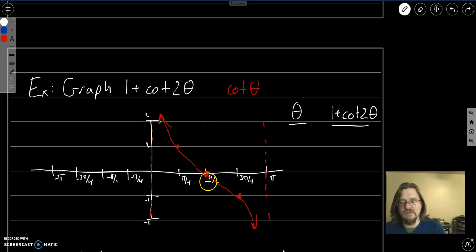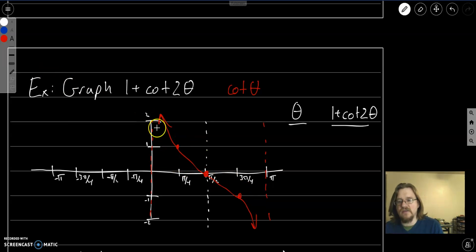So again, if I plug pi halves into 1 plus cotangent 2 theta, I'm taking cotangent of 2 times pi halves. Well, that's just cotangent of pi, which is undefined there. So I have an asymptote here. So we can see that we've shrunk our period down, and we're also shifting everything up 1.